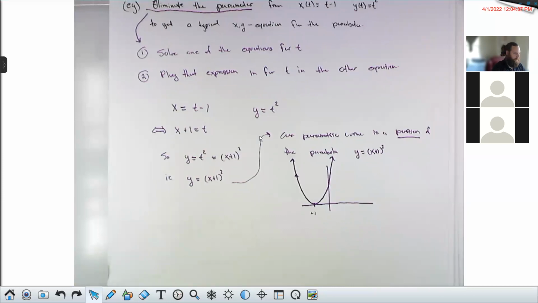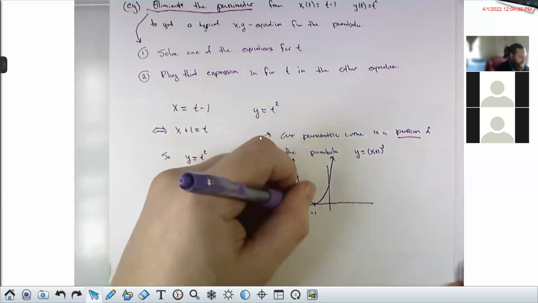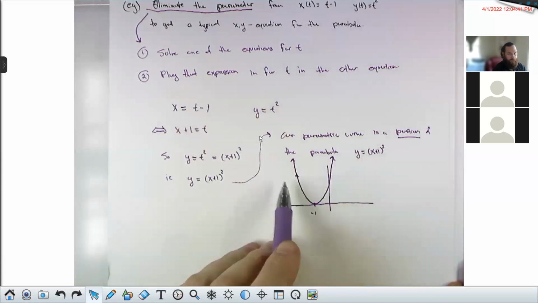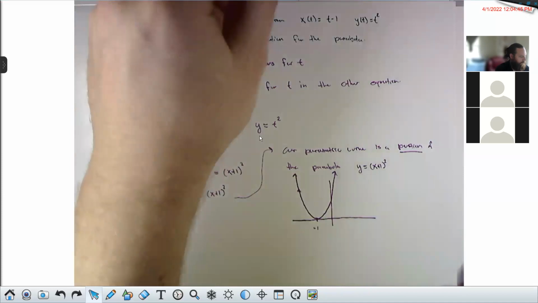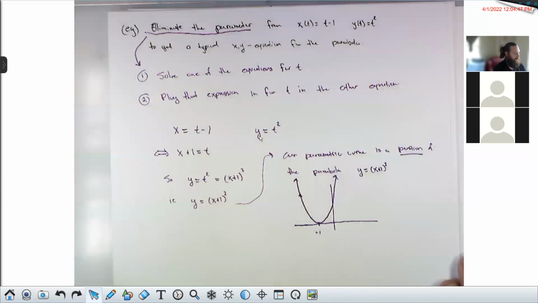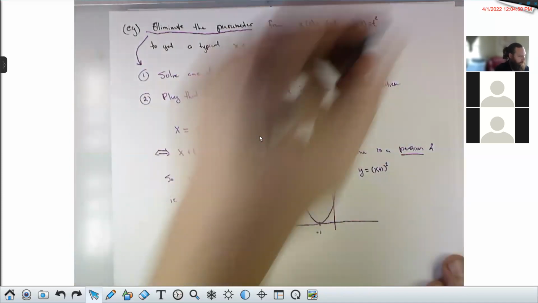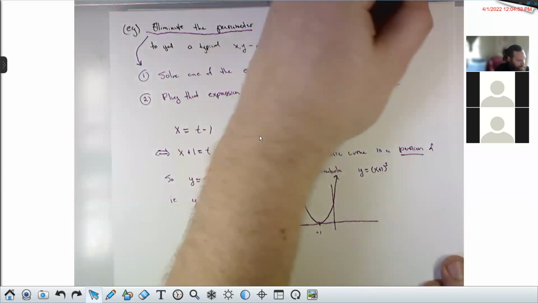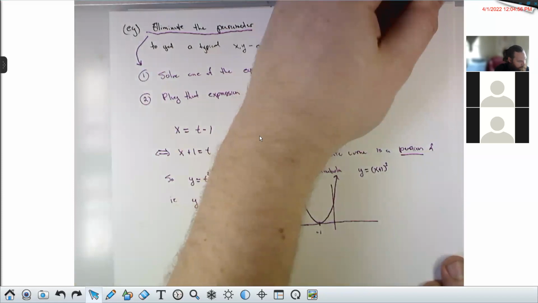Which portion is it? Well, you want to find the x values on here that correspond to the time domain, the t values we were given. So the t values we were given were, sorry, negative 1 less than or equal to t less than or equal to 2.